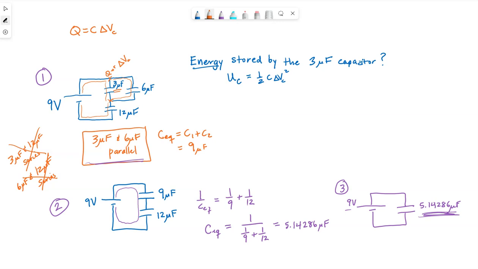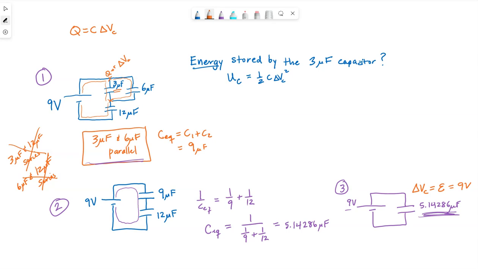Now, in the state where we have a single capacitor that's in equilibrium with the battery, the potential difference across the capacitor will equal the battery voltage. So in this particular case, this capacitor is going to have the entire 9 volts across it.